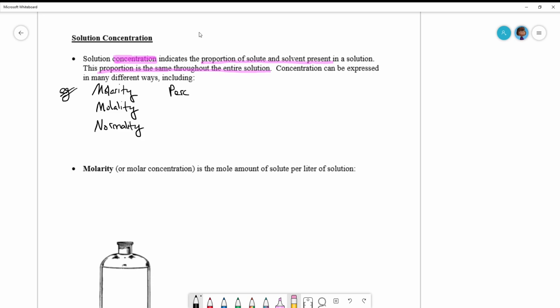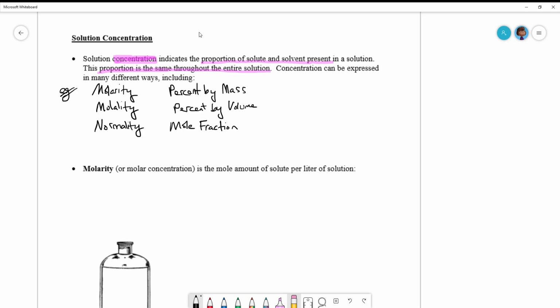But yet again, there are more methods. We can indicate the concentration of a solution by taking a look at its percent by mass, or even its percent by volume. Another method of expressing the concentration of a solution is to look at something called its mole fraction.